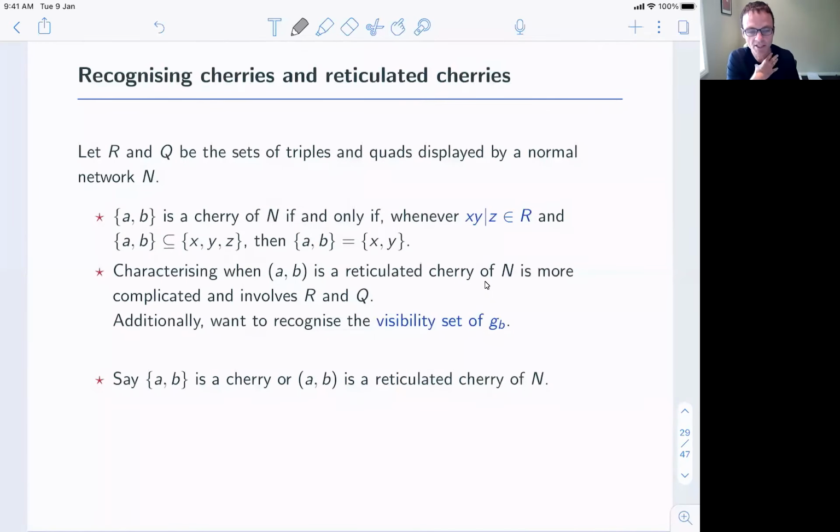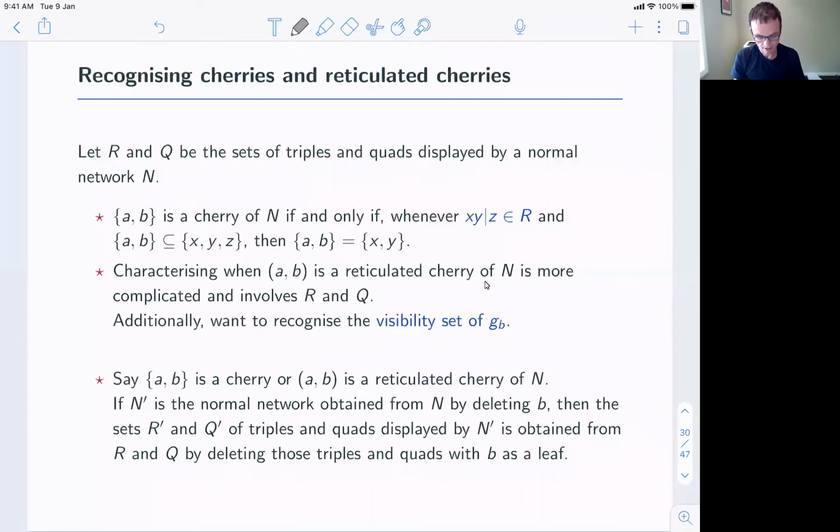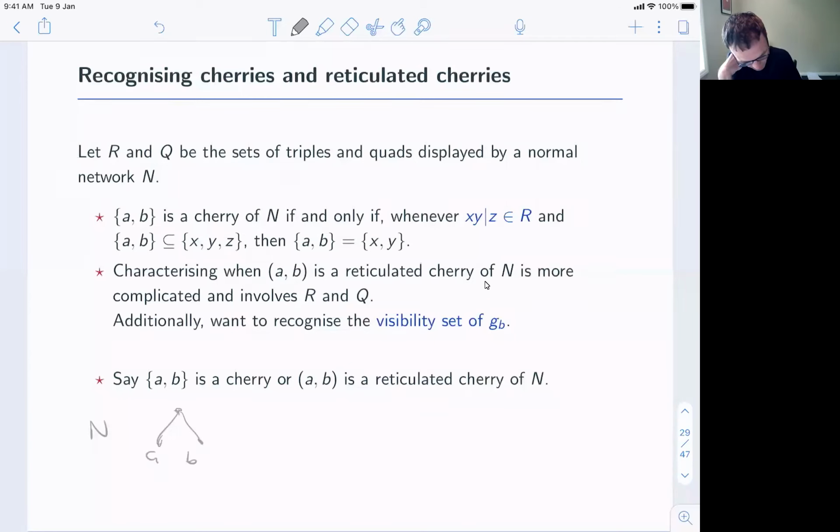So suppose AB is a cherry, or AB is a reticulated cherry of N. Then, I'll go back one. And then suppose I delete B, depending on whether it's a cherry or a reticulated cherry. So this is N, and I've got one of these two.